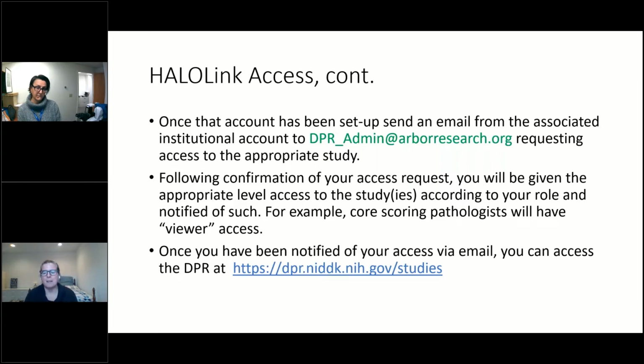We'll match that up, and then we can make you a viewer of the appropriate study, Neptune or Cure or both, depending on what you need and what you're allowed to have. Then you will get an automated email through the system, but we'll also follow up with you to make sure it doesn't get stuck in your spam. Once you have that, you can go to the URL that's provided, which again, we'll make sure everybody has.